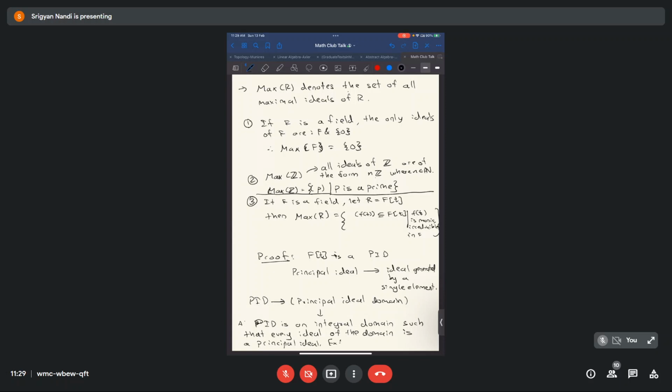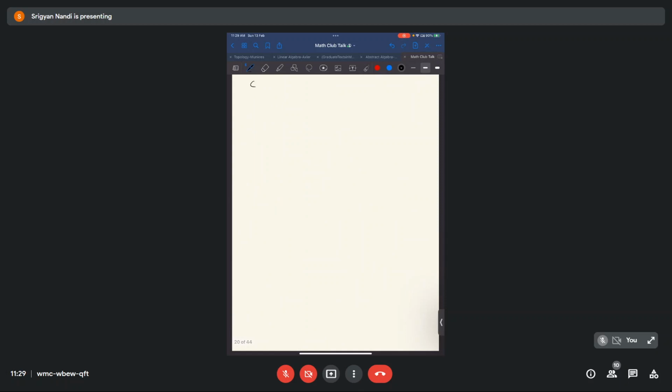An example that you just saw was Z, since every ideal of Z is generated by a single integer n. So we first take the claim F[t] is a PID. This proof will be rather trivial since most proofs for the existence of a PID rely on the division algorithm, which we now have since F is a field.